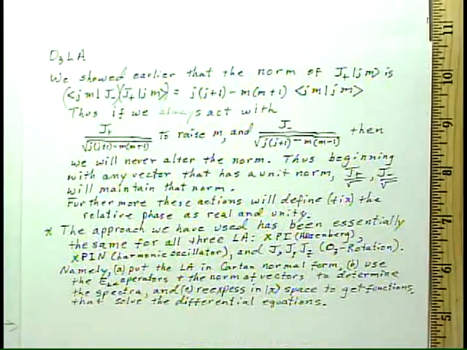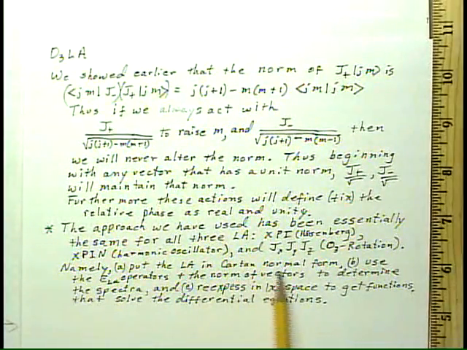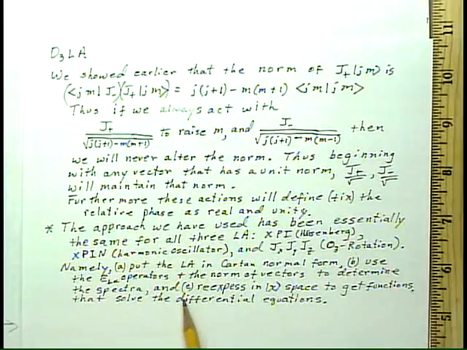Namely, what have we done? We have put the Lie algebra in Cartan normal form. We use the e plus and e minus operators and the norms of the vectors to determine the spectra of the eigenvalues. And thirdly, we have re-expressed that in terms of position space to get functions that solve the differential equations. Well, we did that for x and p. We did that for the harmonic oscillator.